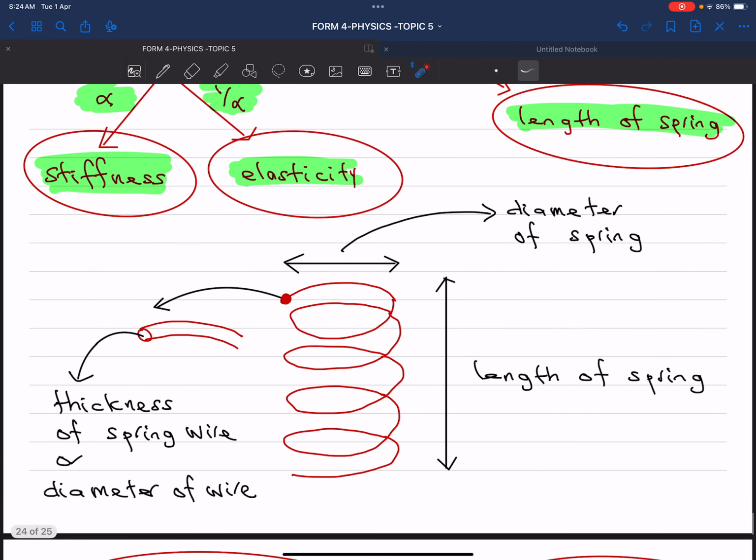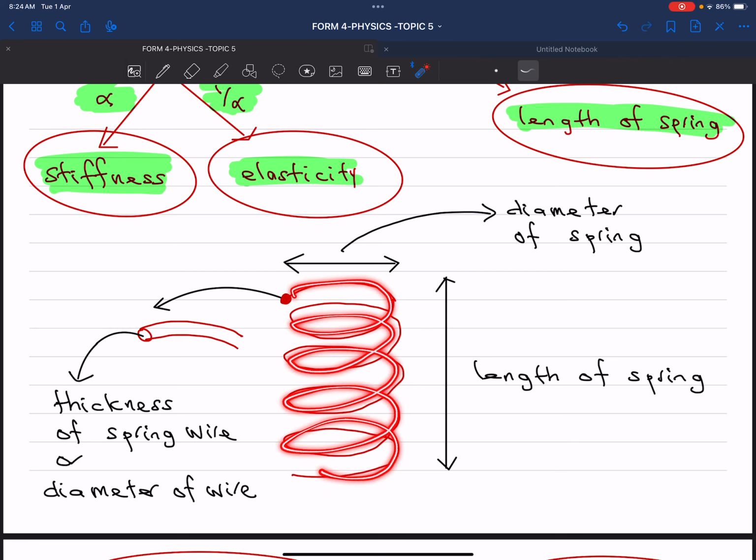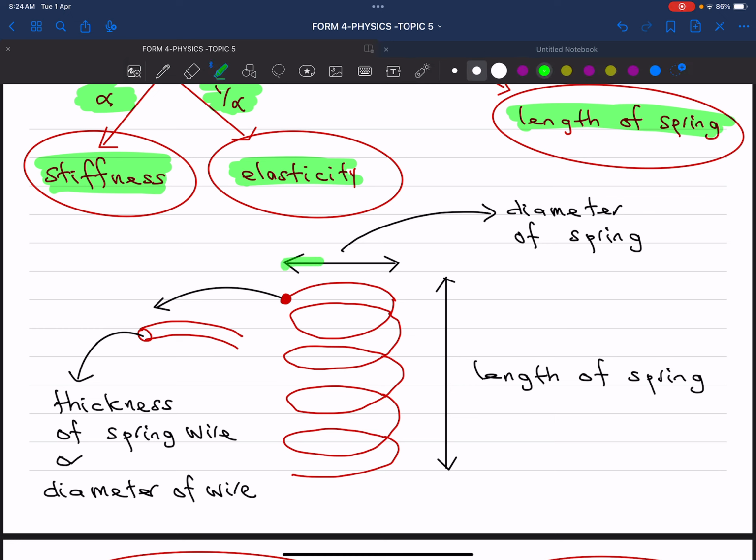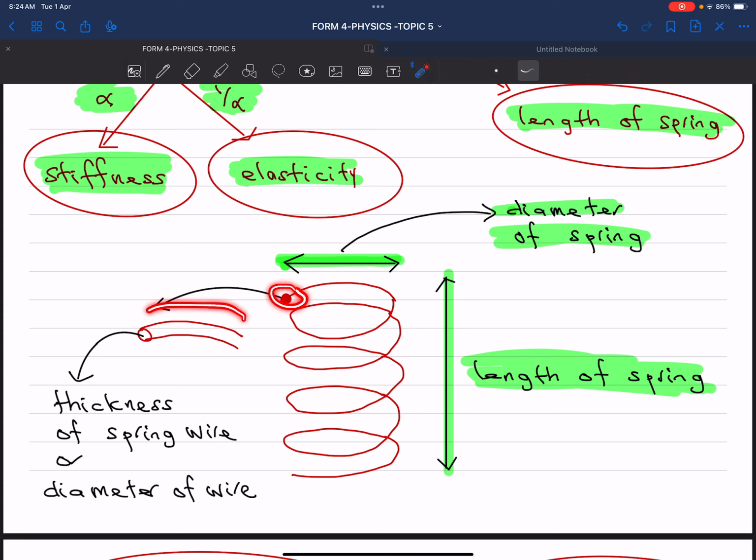Now coming here, I've drawn a spring. This is the diameter of the spring, the diameter of the circle. And this is the length of the spring. If I draw the wire big like this, this is the wire of the spring.